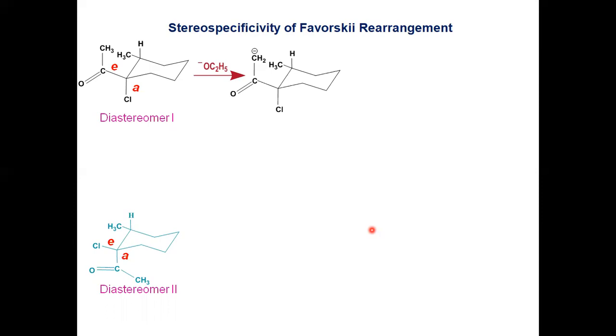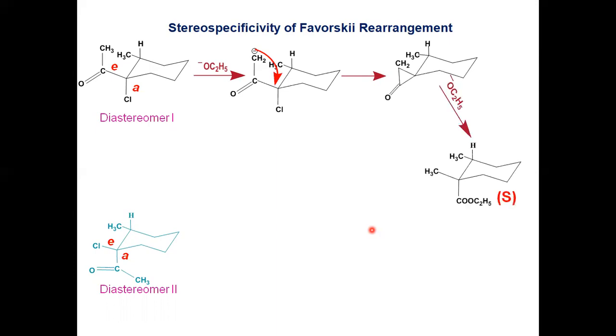The carbanion will attack the other alpha position, always from the rear side or back side of the chlorine or leaving group. That means if the chlorine is on the axial position, it will attack from the equatorial position and form a cyclopropanone intermediate.